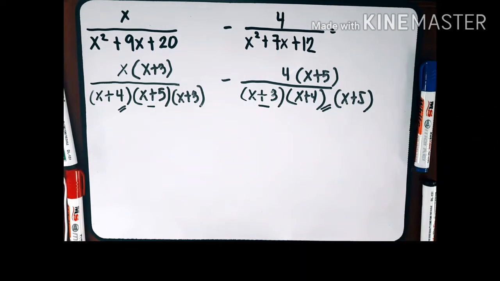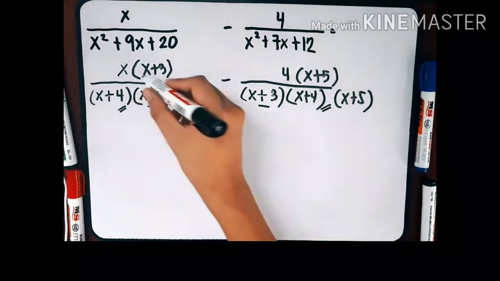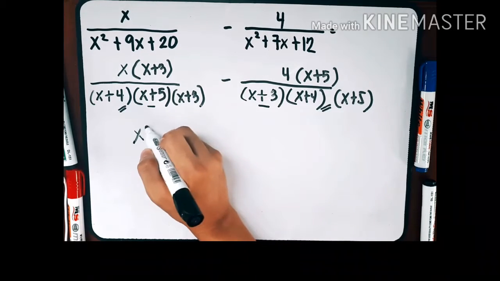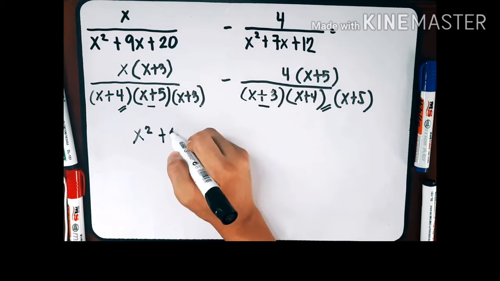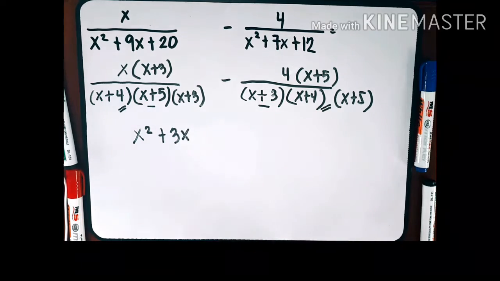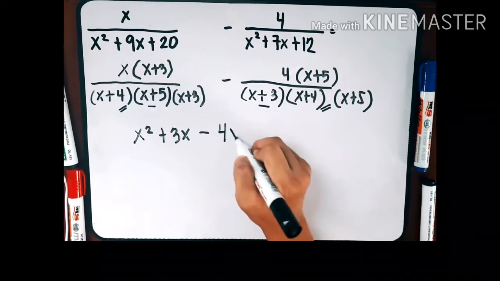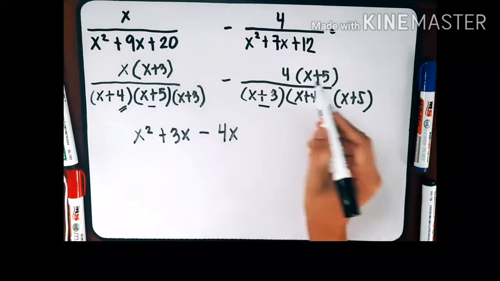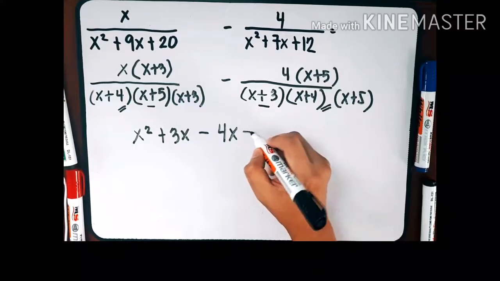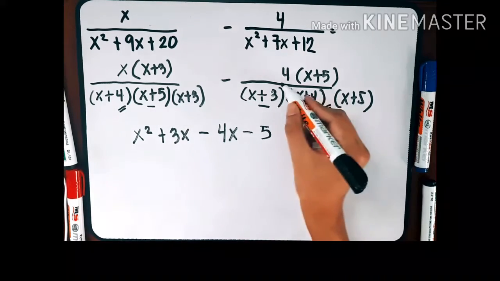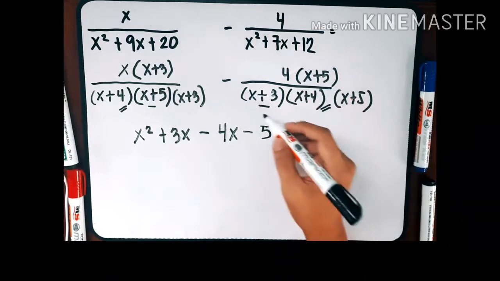Okay? Next is, i-distribute na lang natin yung nasa numerator, x squared plus 3x minus 4x. Negative times positive is negative 5. 4 times 5 is 20.